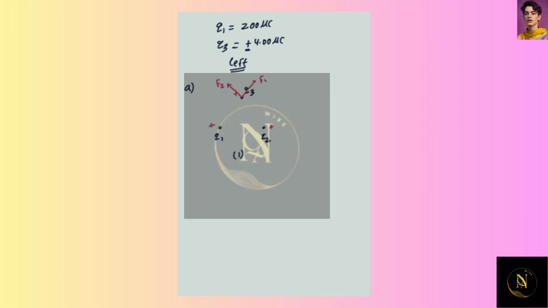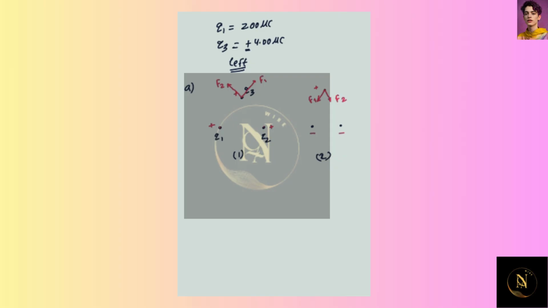Now situation 2: this is Q3 charge, this is Q1 charge, and this is Q2 charge. Let's say Q1's sign is negative and Q2's sign is negative, and Q3 is already positive, so the forces will be in these directions. This is force F1 and this is force F2. This is situation 2.